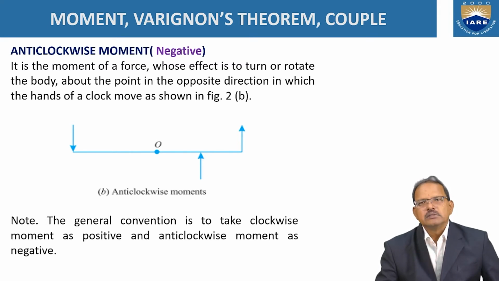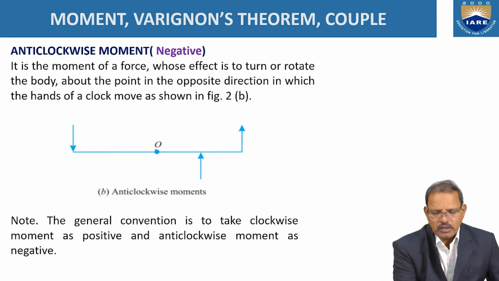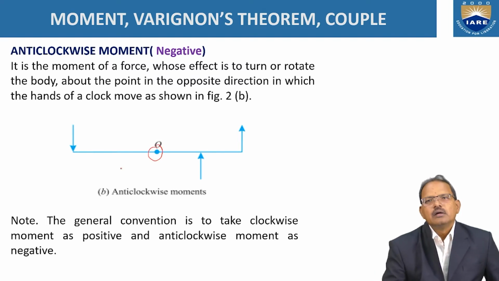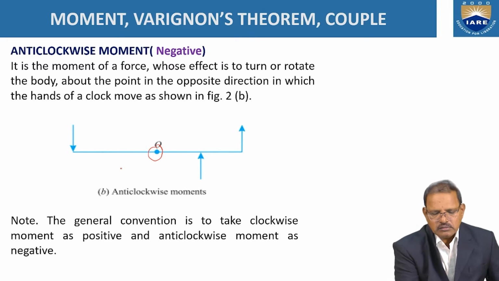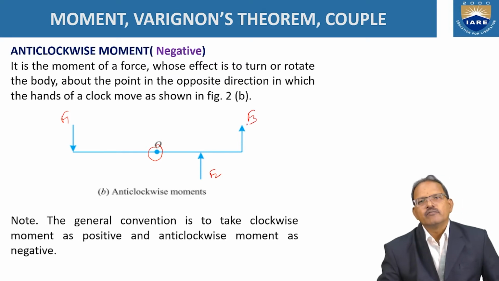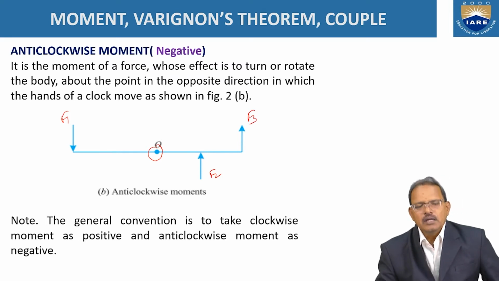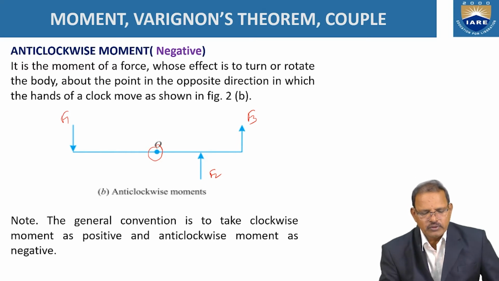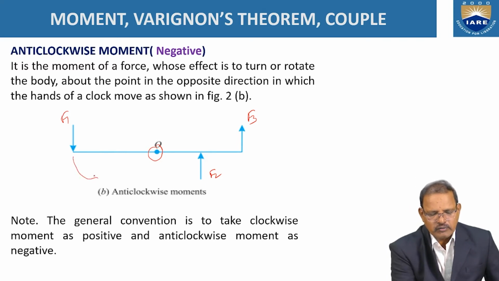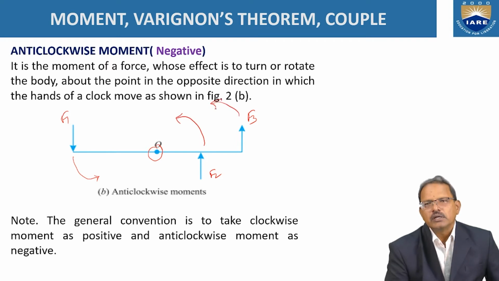Here, as an example, take a body on which three forces are acting: F1, F2 and F3, as shown in the figure. At O, the force F1 tends to rotate the body in the anti-clockwise direction, F2 also anti-clockwise, and F3 also anti-clockwise.